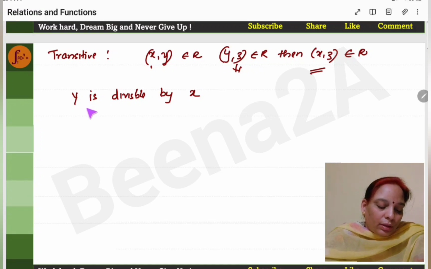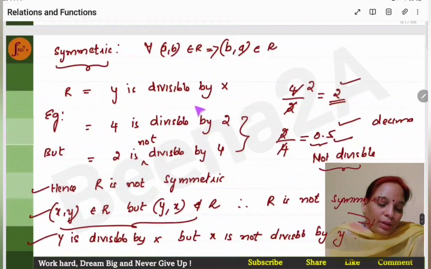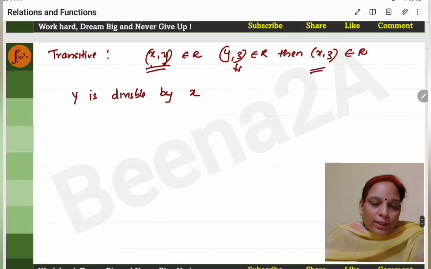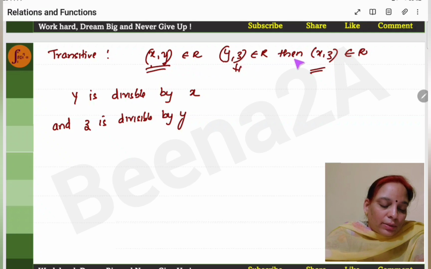That's what they've told. That's the relation. If y is divisible by x and z is divisible by y, look at this statement. If y is divisible by x and z is divisible by y, then z is divisible by x.